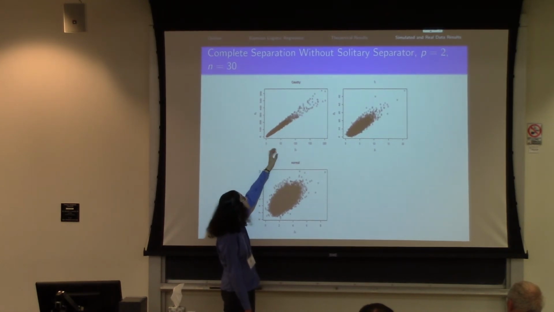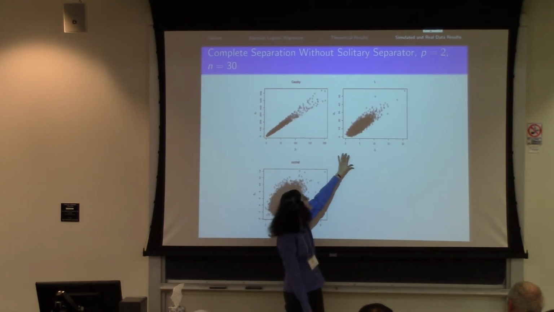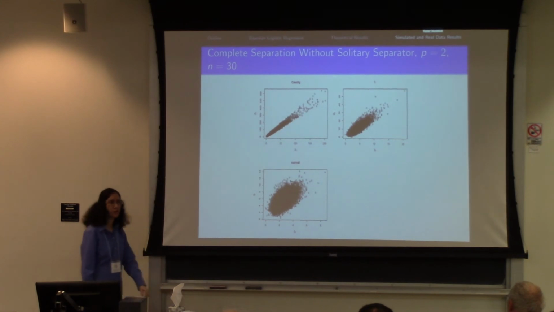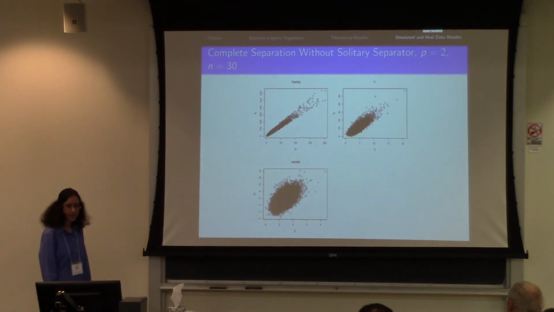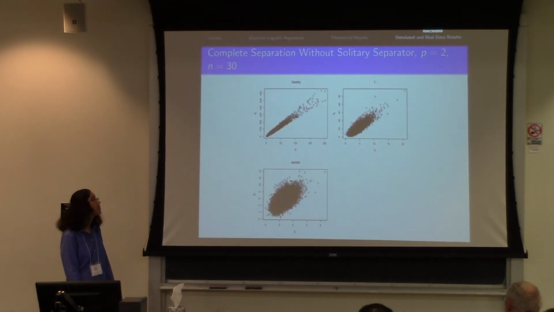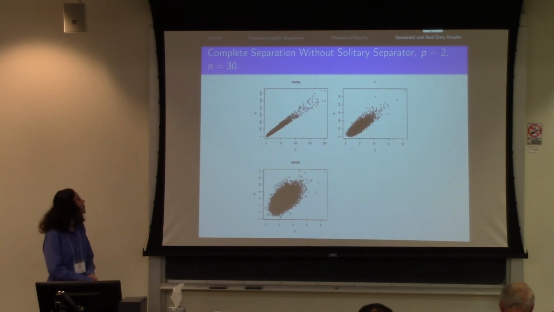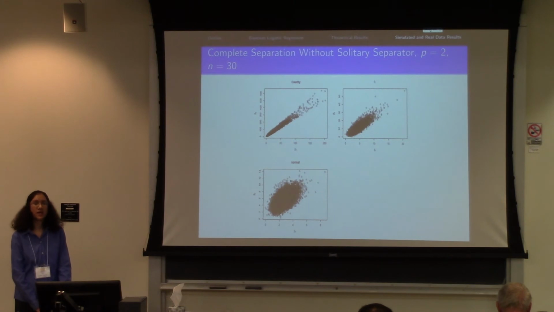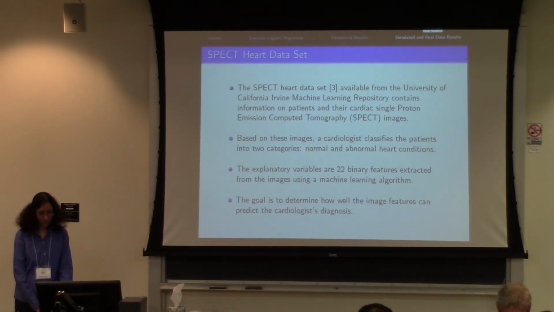So the regression coefficients can be in the hundreds in magnitude. This is a little bit more moderate and much smaller. And again, we probably don't expect the regression coefficients to be as huge as what we find under the Cauchy. So we think that the Cauchy has too weak information when there's separation in the data.